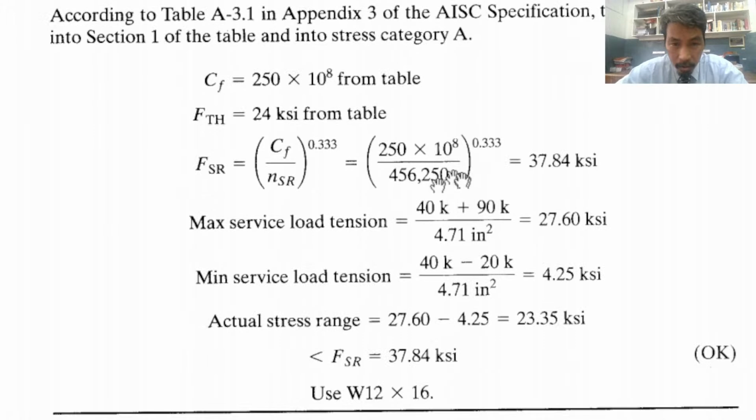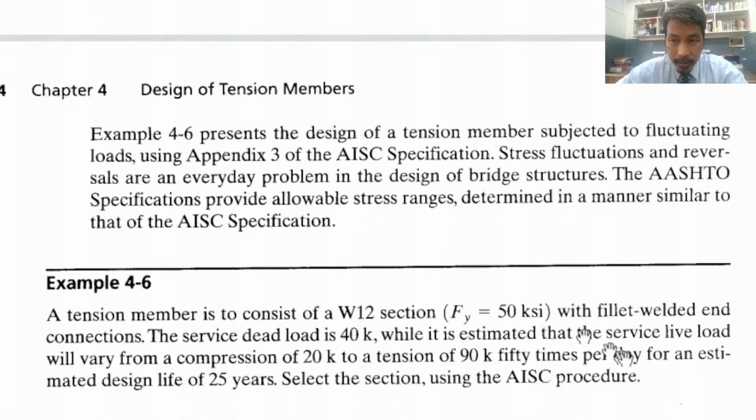Take a look. 40K, 90K, that is actually what? This one, 20K, 90K.